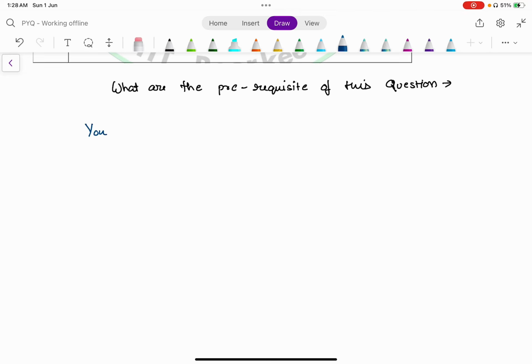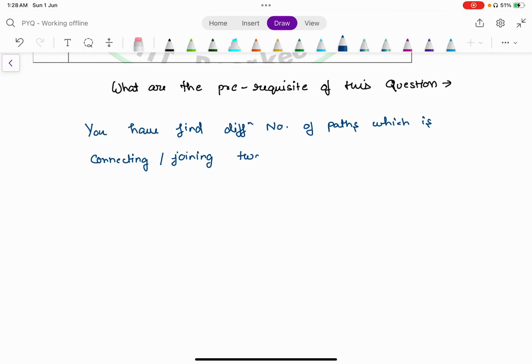We will write this: you have to find the different number of paths which are connecting, or joining, two sequential circuits, that is flip-flop 1 and flip-flop 2.